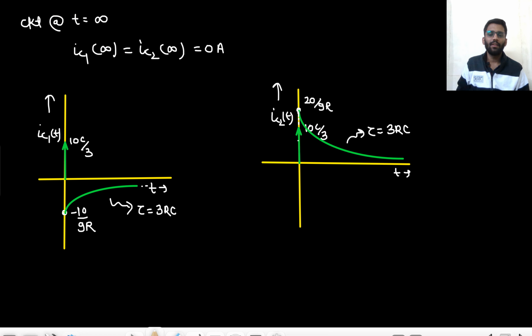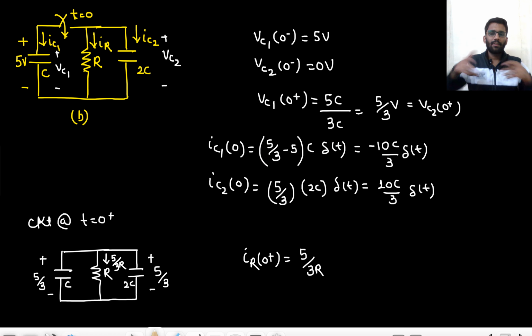What we did? First, there is an instantaneous change in the capacitor voltage. That means there is impulsive current. Impulsive current we can find by the change in the charge. The change in the charge was, for C1, minus 10C by 3, and for C2, 10C by 3. Then at t equals 0 plus, we saw that there is 5 by 3R current in the resistor.